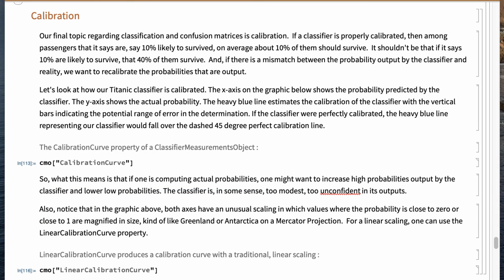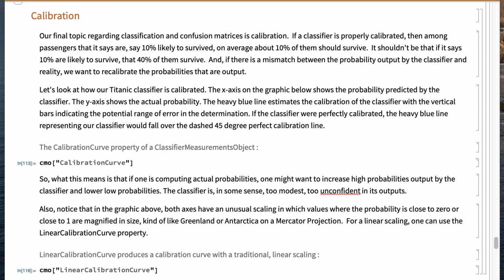Last topic before we get to the optional stuff for multi-class classification, and that is calibration. If a classifier is properly calibrated, then among those passengers that it says, hey, you're 10% likely to survive, really about 10% of them should survive.